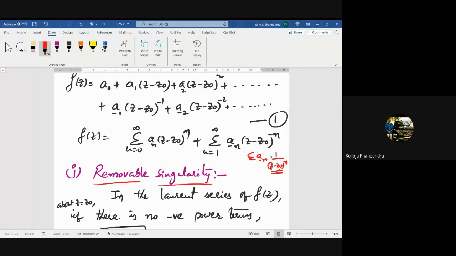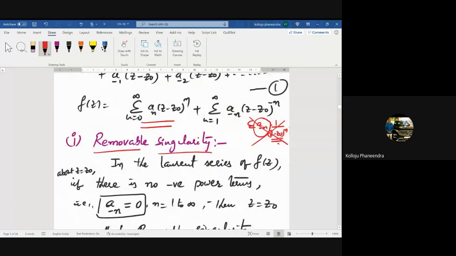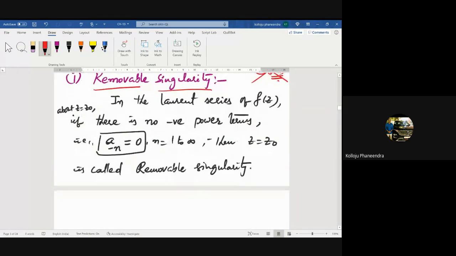I want to remove this singularity. When will this be removed? If I make a minus n equal to 0, then there is no singularity at all. This term is completely absent. Only the positive power series will be there, which always exists and never possesses a singularity. That is called a removable singularity.